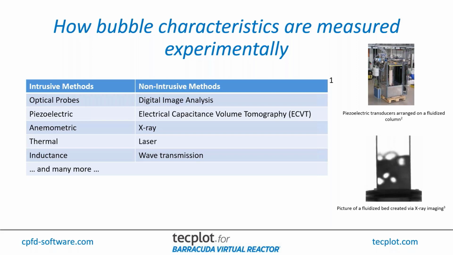This has the potential to change the flow behavior, and the degree of intrusiveness varies from one method to another. The non-intrusive methods shown in the right column of the table are designed to measure bed characteristics without changing the flow behavior, and these often use special instrumentation surrounding the bed to collect data either visually or electromagnetically. We'll briefly discuss a few of these measurement techniques in the next slides.